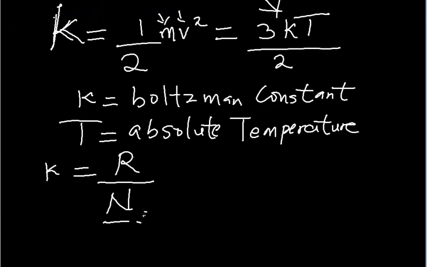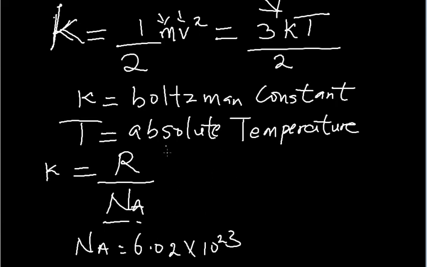You know very well that Avogadro's constant is 6.02 times 10 to the power 23, but that's just by the way.